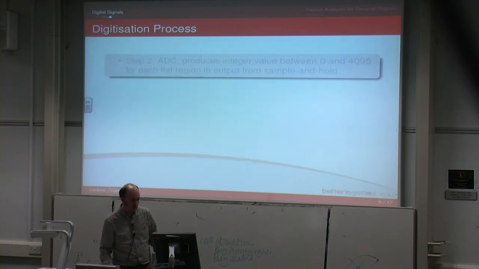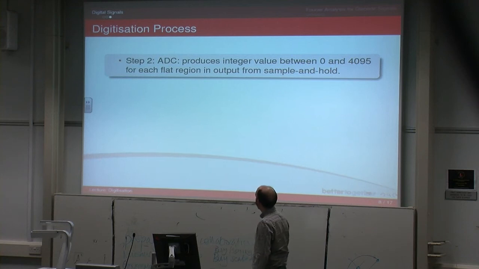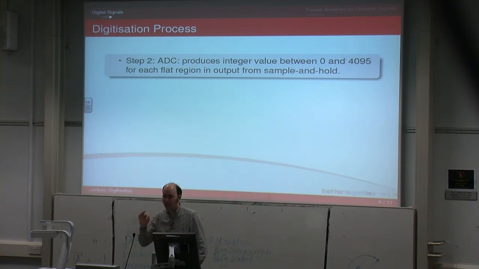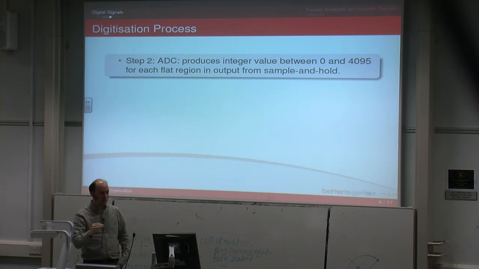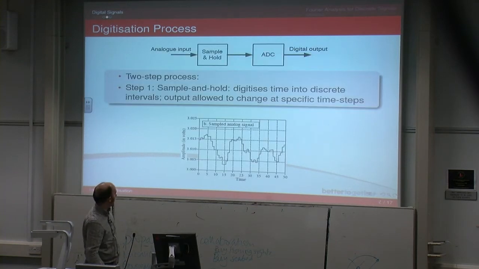The second step is called an analog to digital converter, ADC, and that produces an integer value, in this case between 0 and 4095, for each region that's been held. Okay, so we go back to our sample and held graphic.